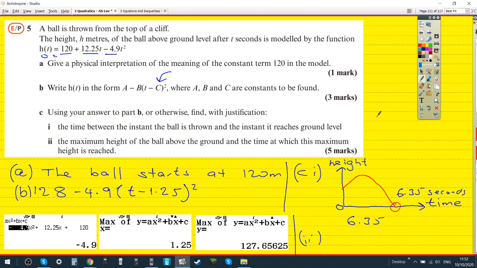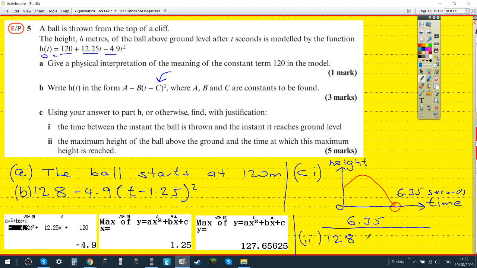Would that be 1.25? So which is which? What are the units? What is time? Oh no, it'd be height? 127. Sounds good. 120. 128 then. Yeah. And what's the unit for that one?